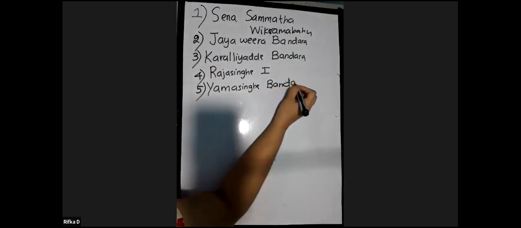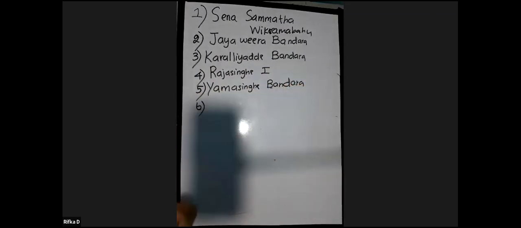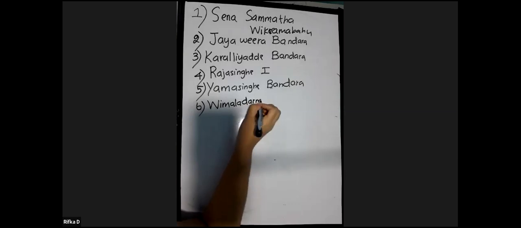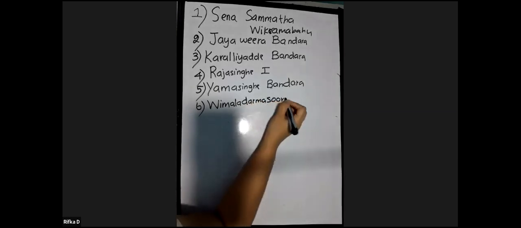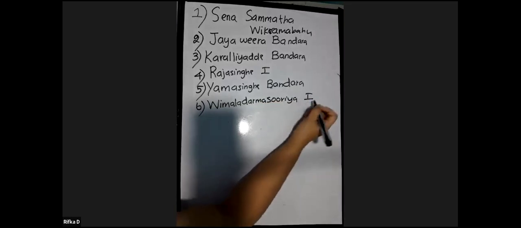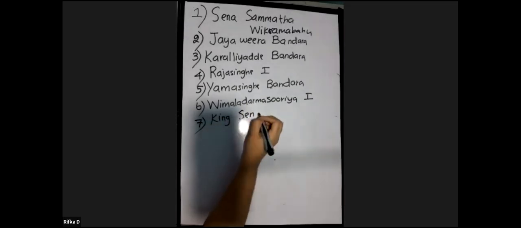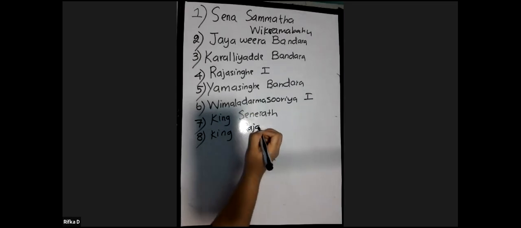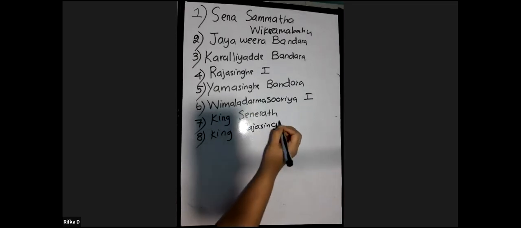After that, who became the king of the Kandyan kingdom? Yes, Konappu Bandara, in the name of Vimala Dharma Surya I. After him, who became the king? Yes, King Senarath. After King Senarath, who became the king? King Rajasinha II, whom we call Maha Astana.